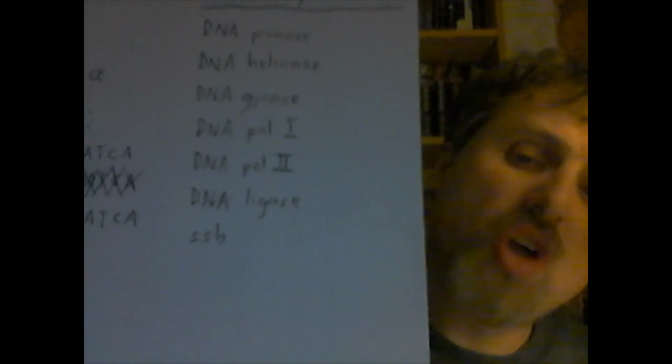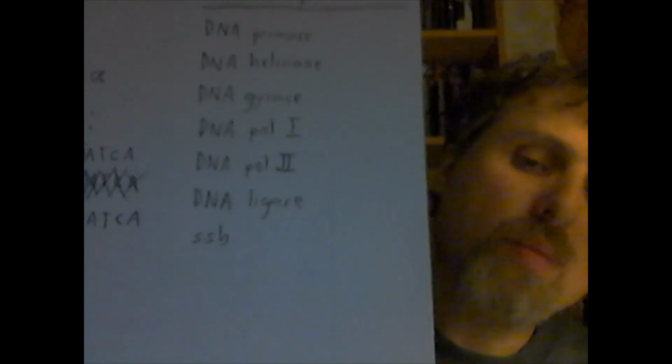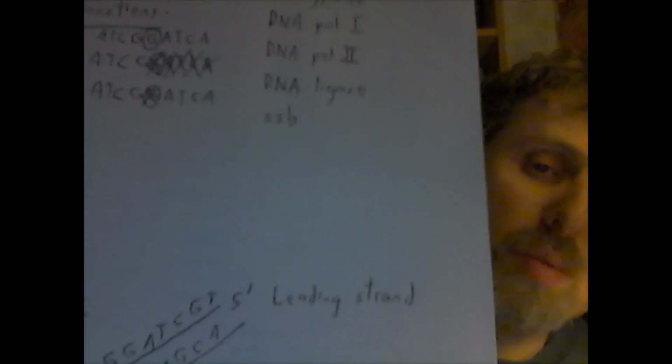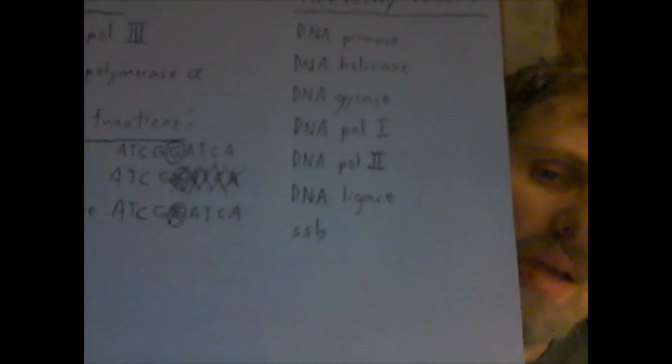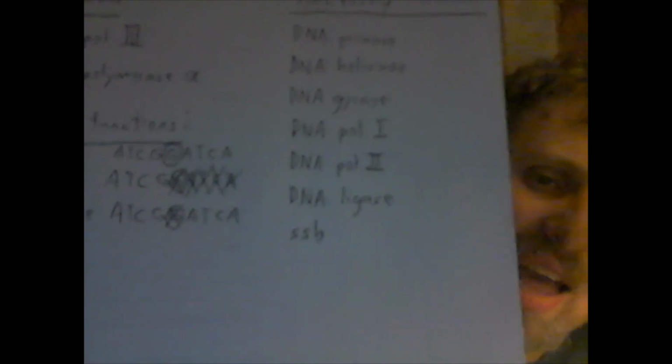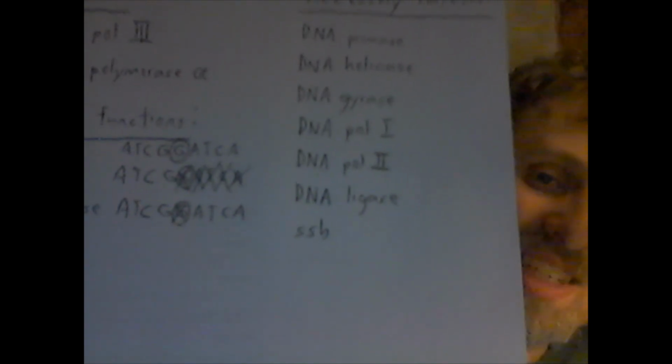Now, once you've gotten that started, you don't need the primer anymore. The primer can then be removed with the help of this enzyme right here, DNA Pol-1. DNA Pol-1's job is to remove the primer once the new DNA sequence is started. We also have DNA helicase, H-E-L-I-C-A-S-E.